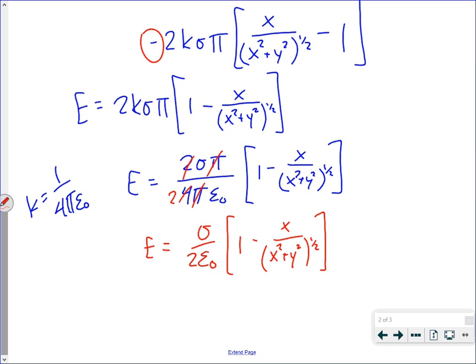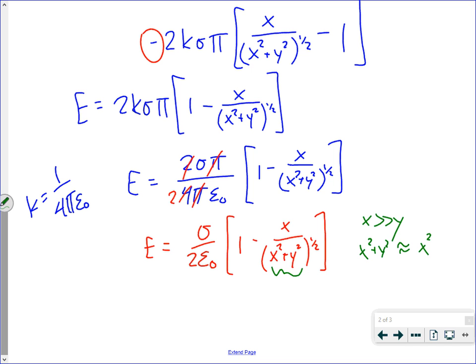Okay, so what can we check? All right, we can check if x gets really big. So if x is way bigger than y, then x squared plus y squared is really approximately x squared.